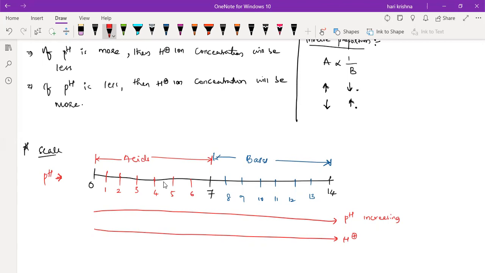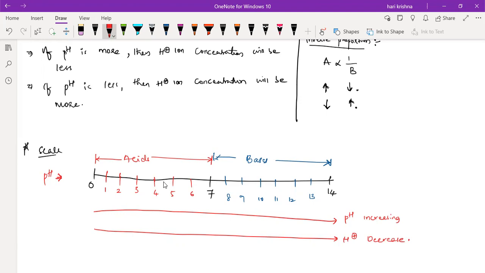As you go from left to right in the chart, the pH scale increases from 0 to 14. But pH is inversely proportional to H plus, right? So H plus ion concentration will decrease. So from left to right in the scale, H plus ion concentration is decreasing.